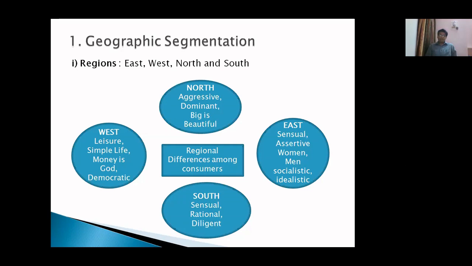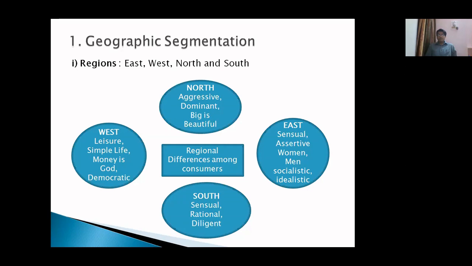And west again is the coastal area. The climate in the west remains hot and humid. Now, on the basis of this geography, India could be divided into east, west, north, and south regions.